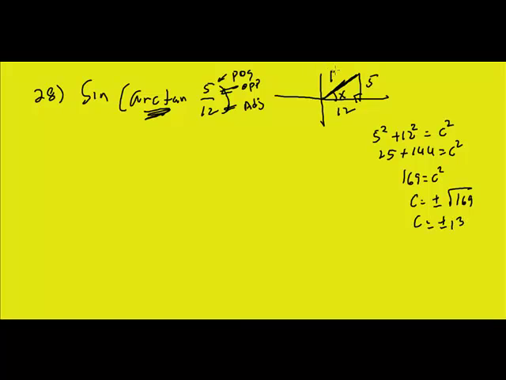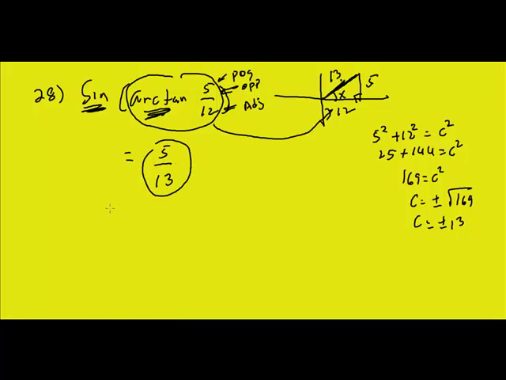Hypotenuse is always positive, so that's going to be 13. Now I can answer the question. Sine of x turns out to be opposite over hypotenuse, so my answer is 5 over 13.